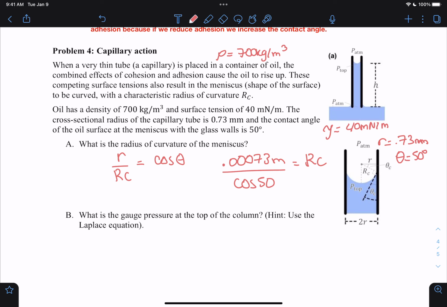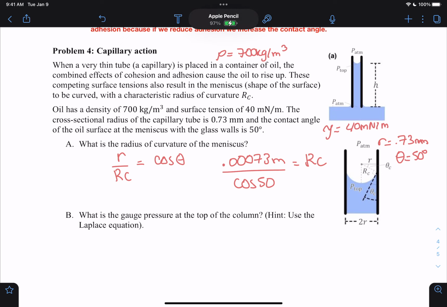Let me see here, I have a calculator on me, I'm just going to use my phone calculator. Cosine 50. We got around 0.114 meters.